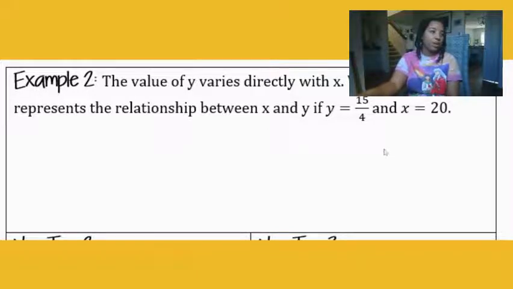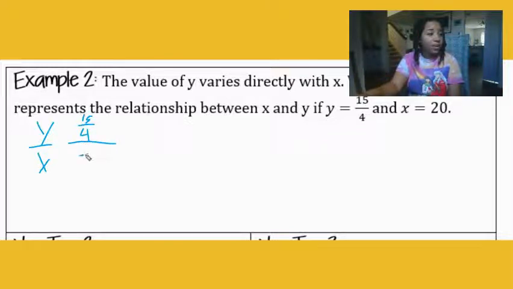All right. The value of y varies directly with x. Write a function that represents the relationship between x and y, if y is 15/4 and x is 20. So we're doing y over x, okay? And y is 15/4 divided by 20.